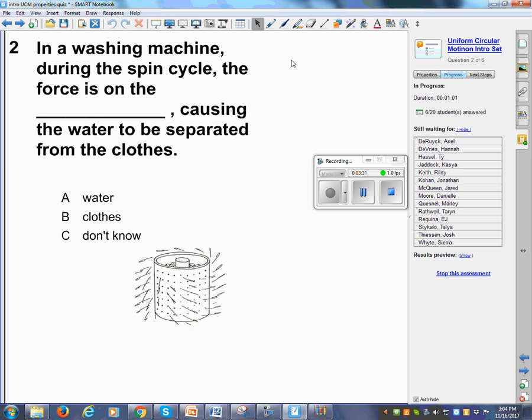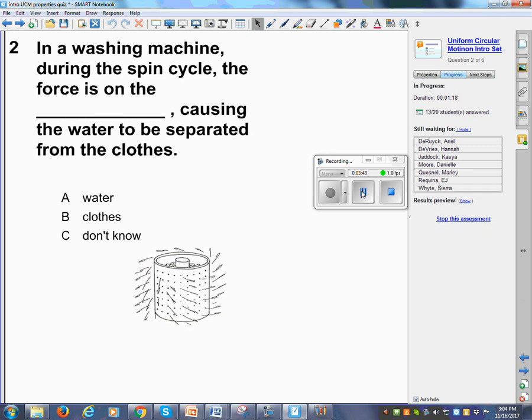It'd have to be on both. That's causing everything else to move with it. I'm going to say clothes because it's heavier. They could just say causing it to be separated from the clothes.